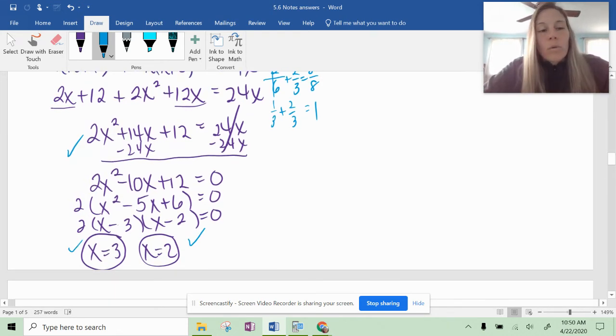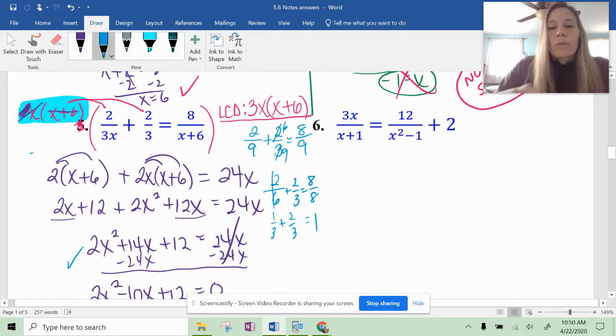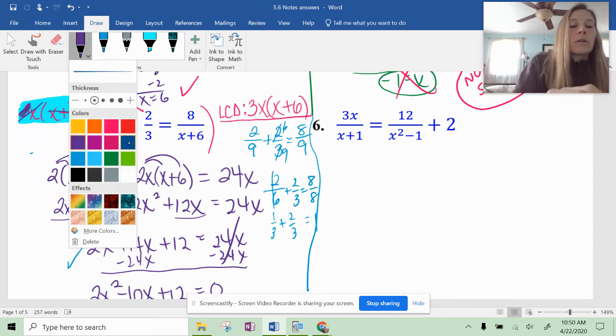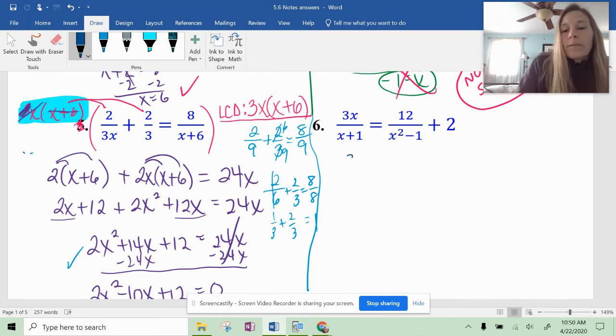All right, and then we're going to do one more LCD problem on this page. Okay, so this one's a little more complicated because it's one of the ones where we actually have to factor it out first. So we have this 3x over x plus 1. But on this side, this is really x plus 1, x minus 1.